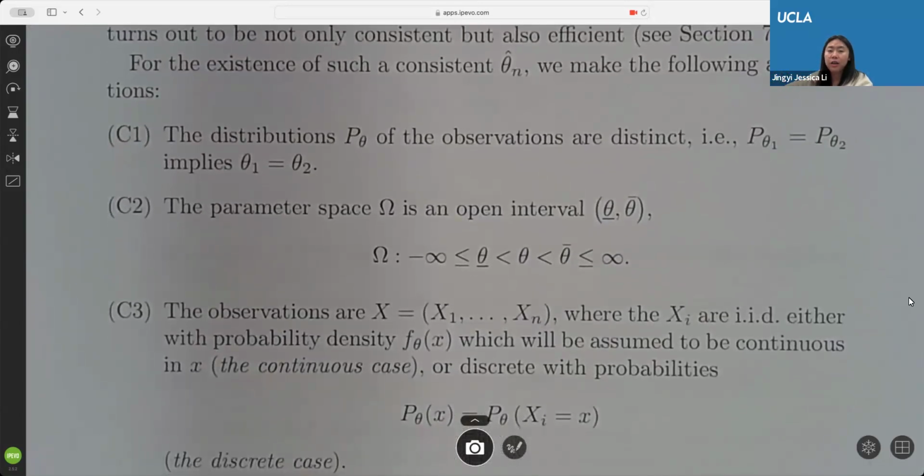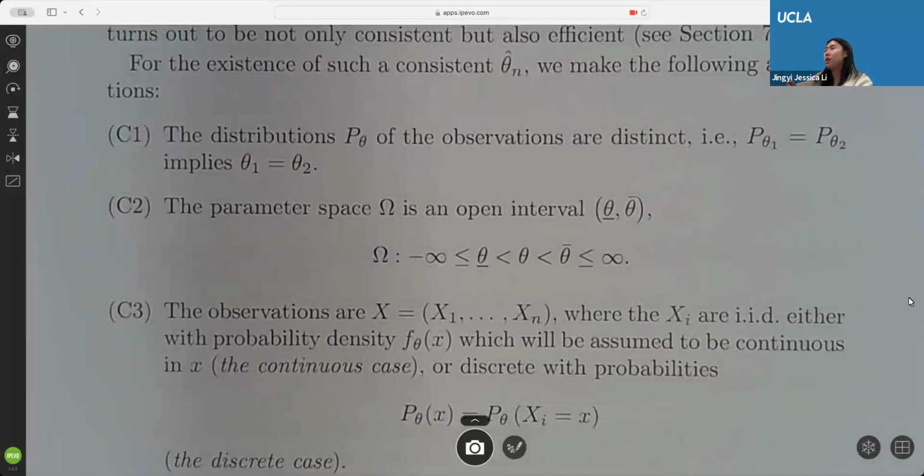First of all, if you have the same likelihood function, then it means that the parameter value is the same. So in other words, if you have two parameter values, theta 1 and theta 2, that give you the same likelihood function value, then theta 1 must be equal to theta 2.